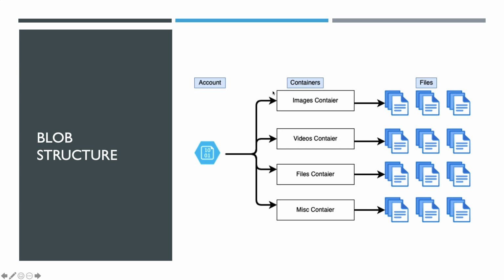And we can separate this container into logical containers. So as we can see from this demo, we have an image container, a video container, a generic files container, and a miscellaneous container, for example. Apologize, I misspelled container here. And we can see, for example, that we can store only files. We cannot store folders within those containers. It's just simple files within those containers, and it's a very simple structure to follow.